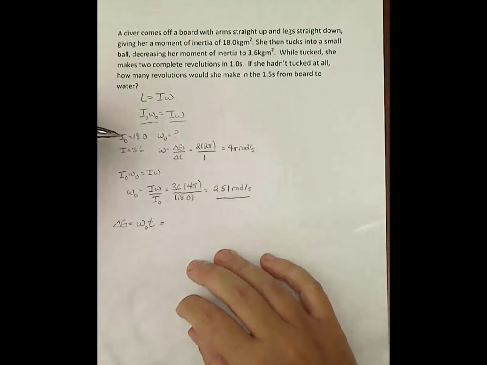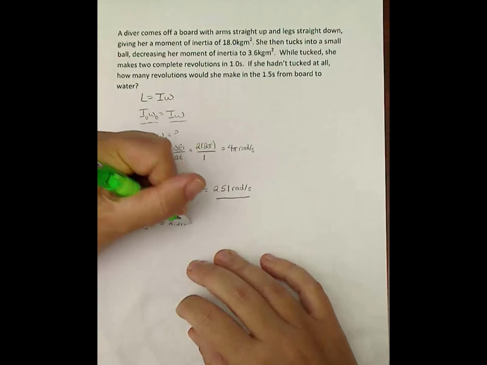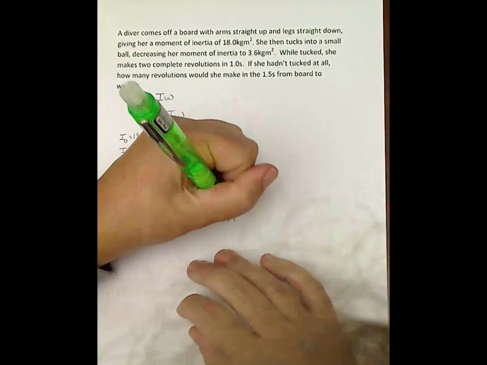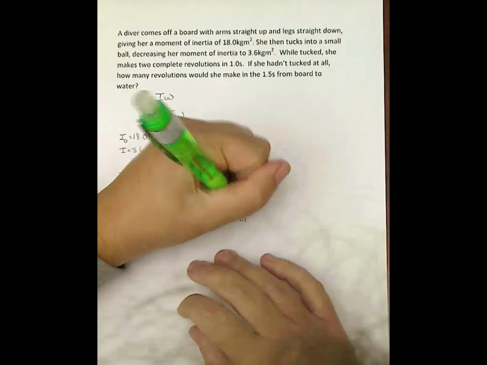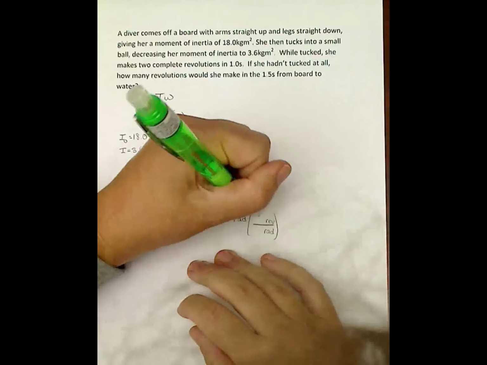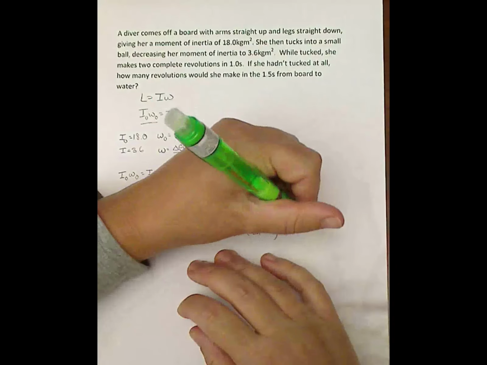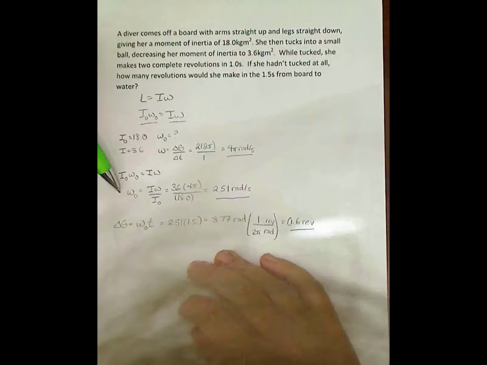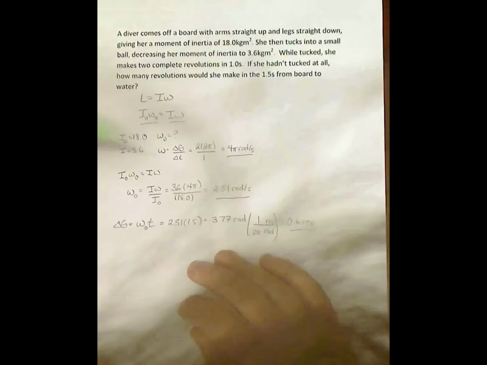So we've got 2.51 times 1.5, which is 3.77 radians. How many revolutions is that? One revolution is 2 pi radians, so I get 0.6 revolutions. Okay, so you can see that when she had the bigger moment of inertia, her omega was smaller than when she had the small moment of inertia, and thus she does fewer revolutions on her way down.